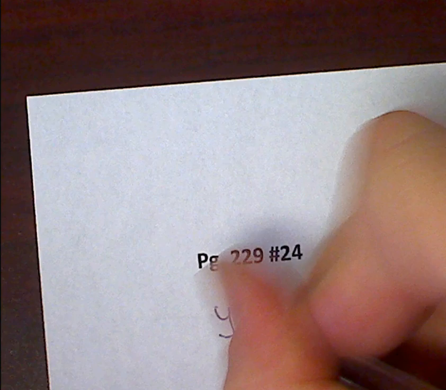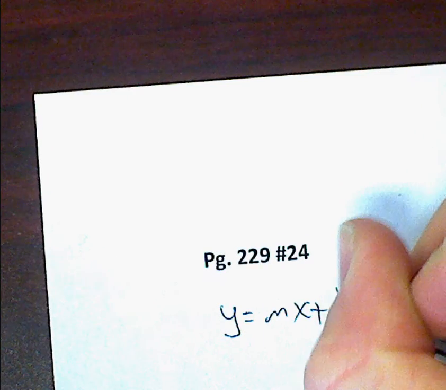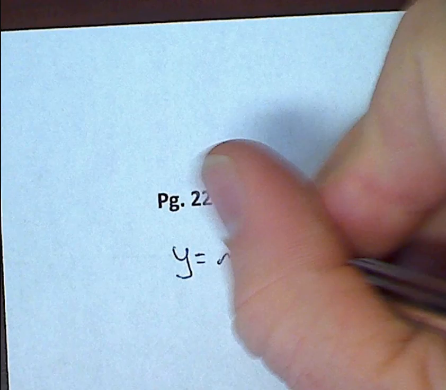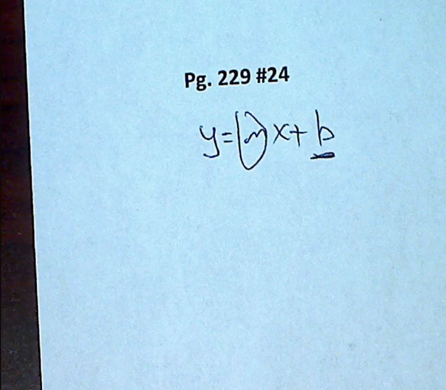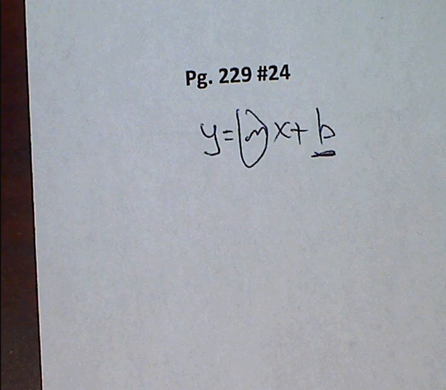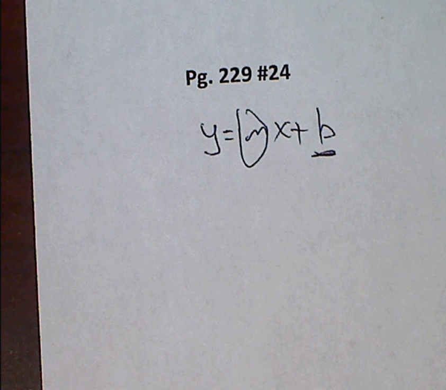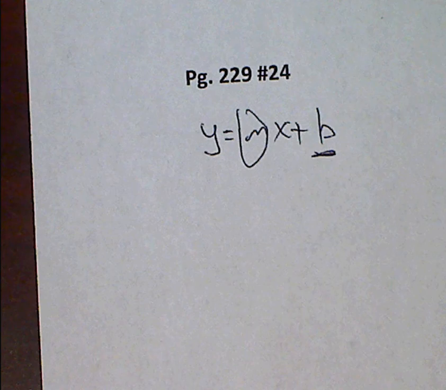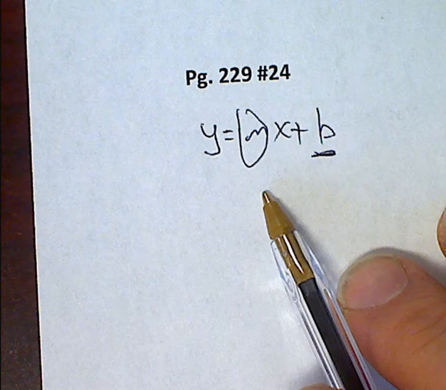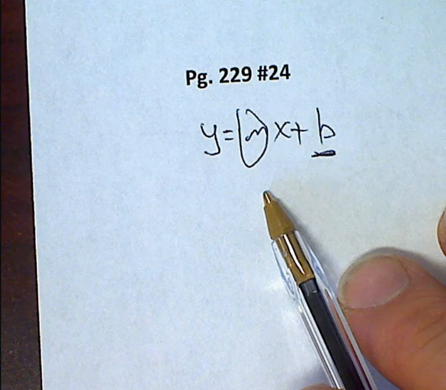I have to find an equation, y equals mx plus b. That means I have to find the slope and I have to find the y-intercept. They actually give me the y-intercept because 1904 is where we started and my dictionary actually cost 30 cents.